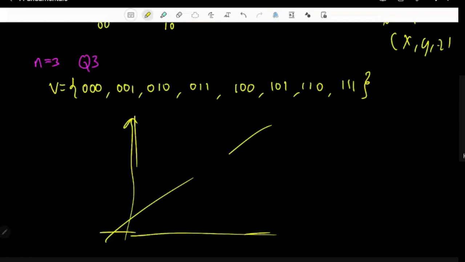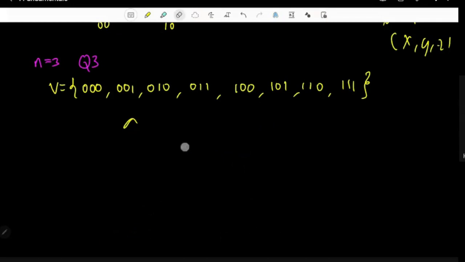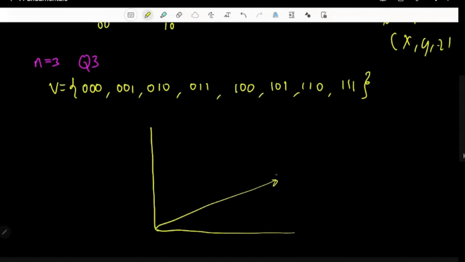Okay, so let me draw 0, 0, 0. Sorry for a very messy blackboard. Let me redraw it. Less messy this time. Yan. So this goes x coordinate, y coordinate, z coordinate. Okay. So this is the point 0, 0, 0. Right?